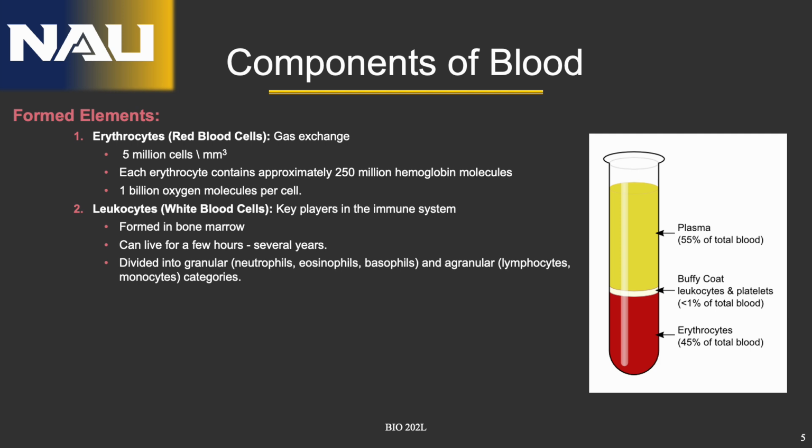Next, there's leukocytes. Leukocytes are white blood cells. They are key players in the immune system, and they're formed in the bone marrow. They're capable of living from a few hours to several years. They're divided into granular and agranular groups. Granular cells are the neutrophils, the eosinophils, and the basophils, and the agranular cells are lymphocytes and monocytes.